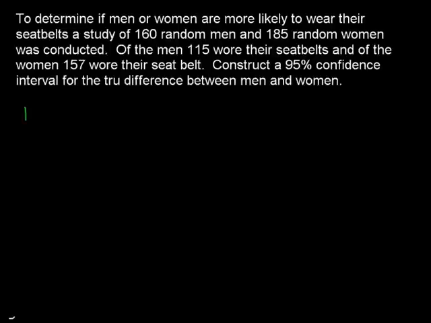The first thing we need is we need two p hats. We need a p hat for the men, and I'm going to use a little m for men, as opposed to something generic like 1 or 2. And the men, remember, was 115 out of 160 men wear their seatbelts. So that's 115 out of 160. That's 0.7188.